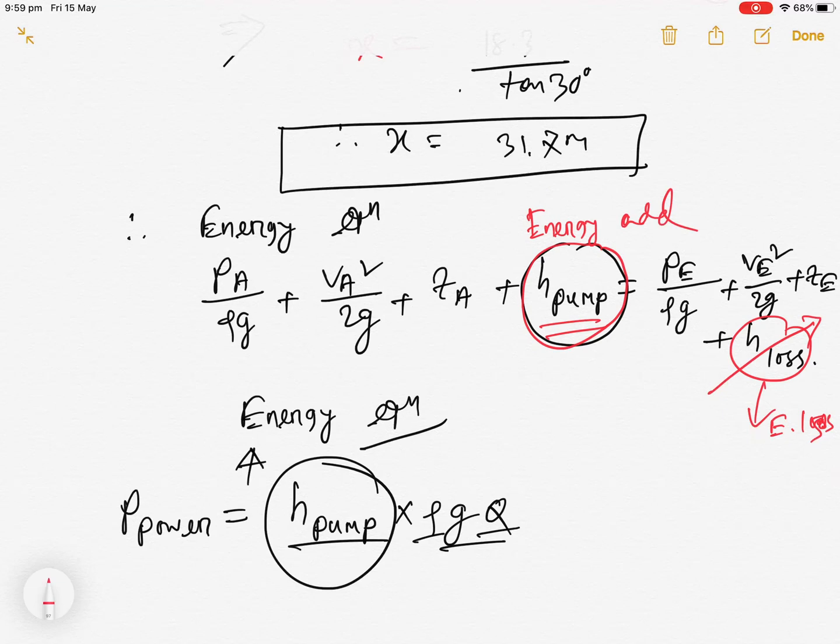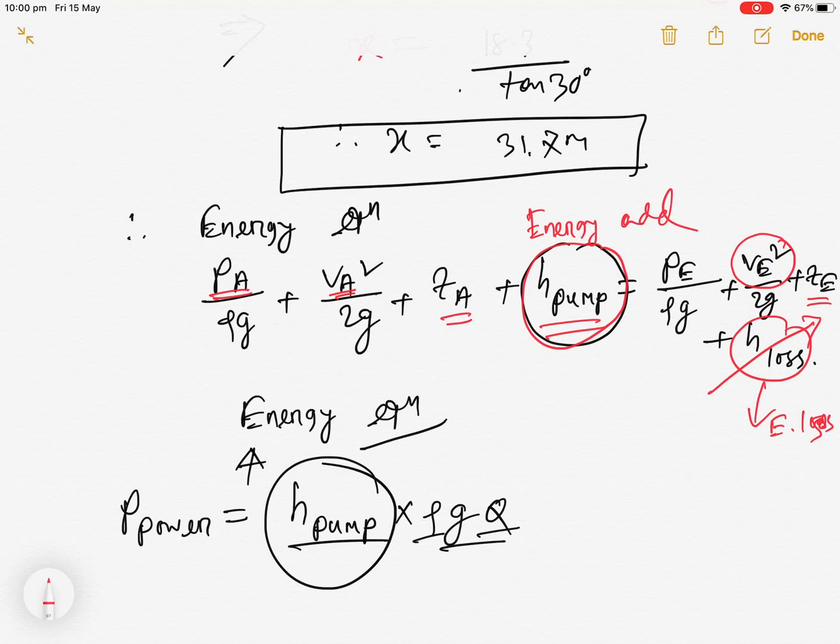If you see here, we already know the pressure A, and we know the velocity for section A, it is 0 because it is the reservoir. We know the height, we know ZE, the height. The pressure at nozzle B, we know that.